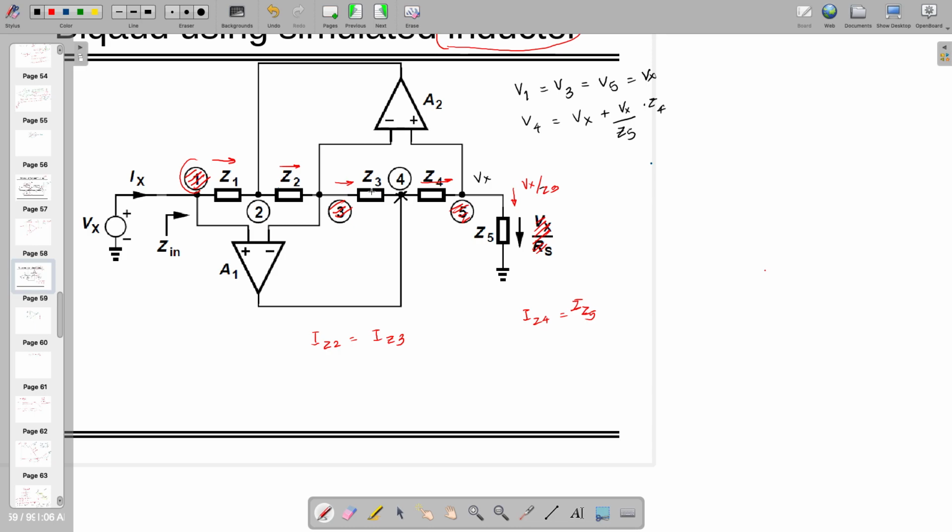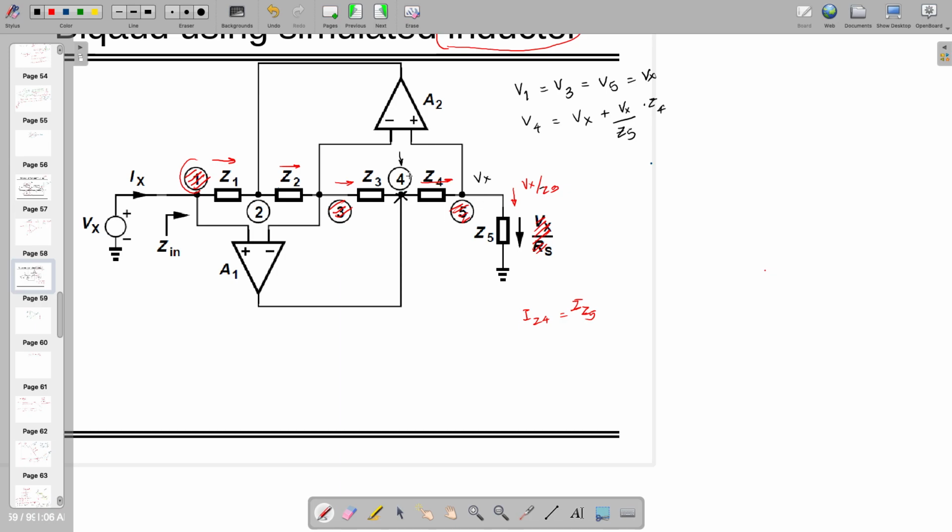Now, you can find out the current flowing through Z2 or Z3. Let's say we find out the current flowing through Z3, which is equal to how much? So we reached till here.